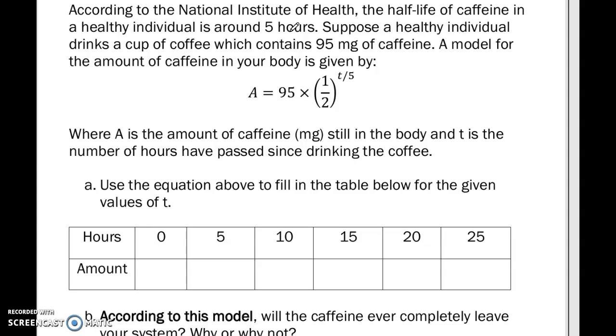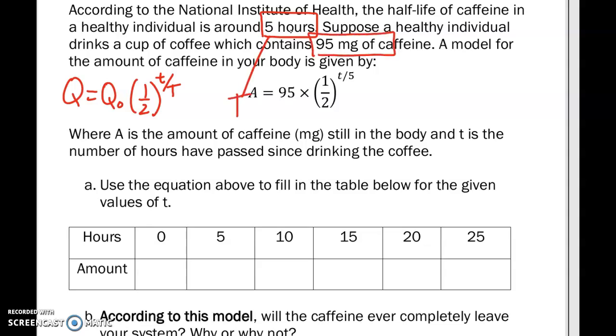So it says, here you drink a cup of coffee. It has 95 milligrams of caffeine, and they've given you this model. So where did they get this? Well, they took that formula and then they substituted in 5 for the capital T. And they substituted in 95 milligrams for the initial amount.